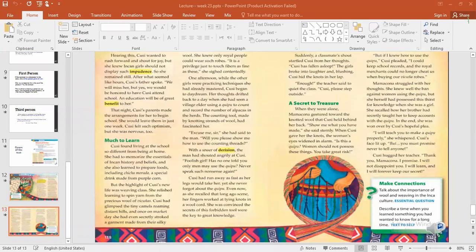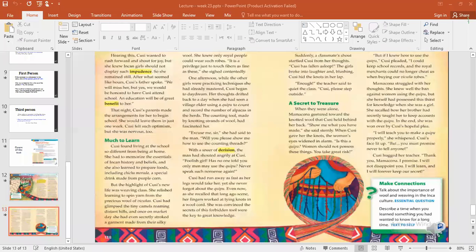So when they were alone, the teacher asked Kusi to show her the wool she held behind her back. When Kusi gave her the knots, the woman's eyes widened in alarm, as if she was shocked. Is this a quipu?